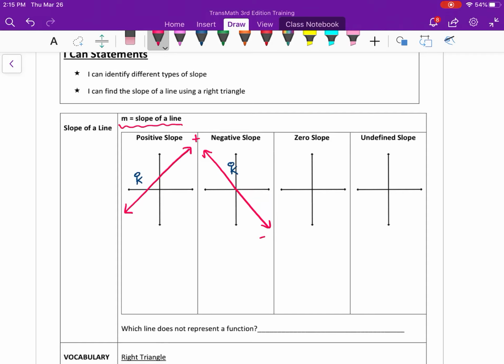Zero slope is like the ground. The ground is flat. It's a horizontal line. Positive slope, zero slope. And then we also have undefined slope. So undefined slope is a vertical line. So this one is vertical.